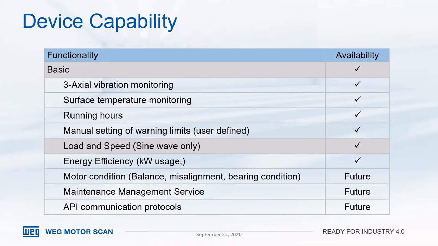So this slide here, we show device compatibility. It's a little old. We have here motor condition, balance, misalignment, bearing condition. We're able to do some of those things today. There are some of those features which I believe might be misalignment that are future releases. So some of these are available today.